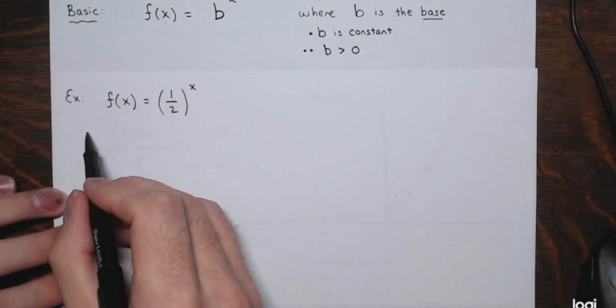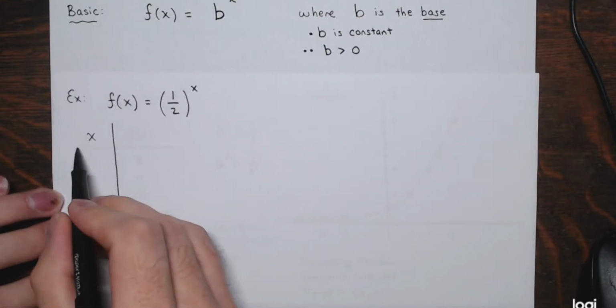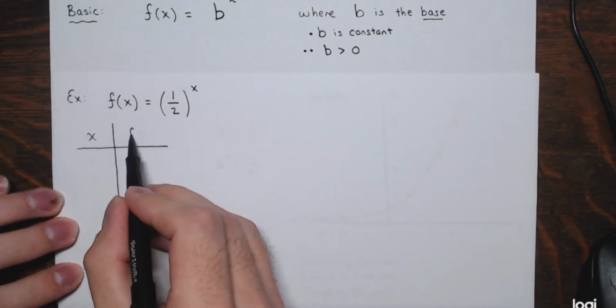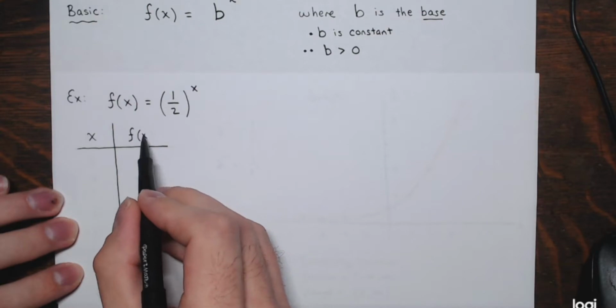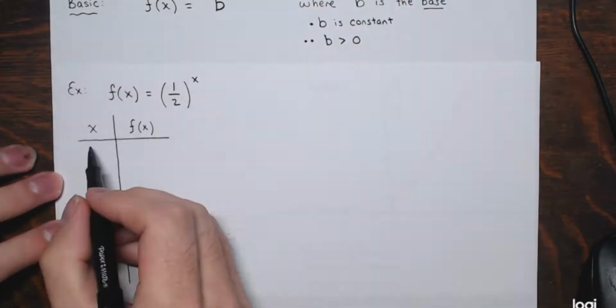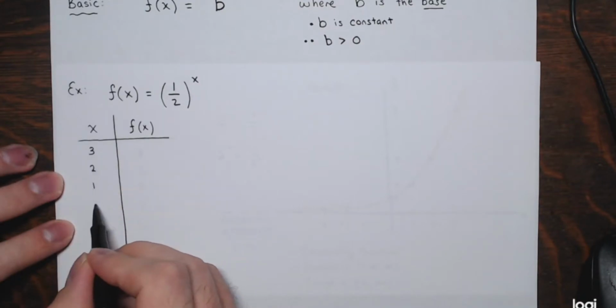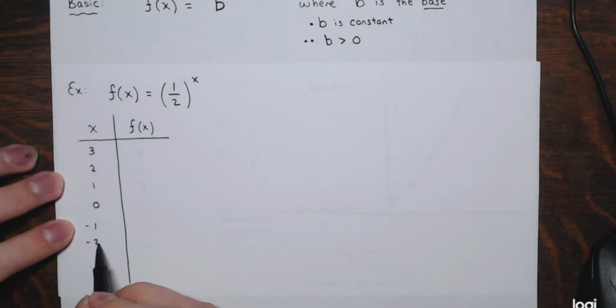Same deal, I'm going to make a little chart, and we'll plot some points, a chart of inputs and outputs, x and then f of x. And I'll use the same values for my inputs, 3, 2, 1, 0, -1, -2, and -3.